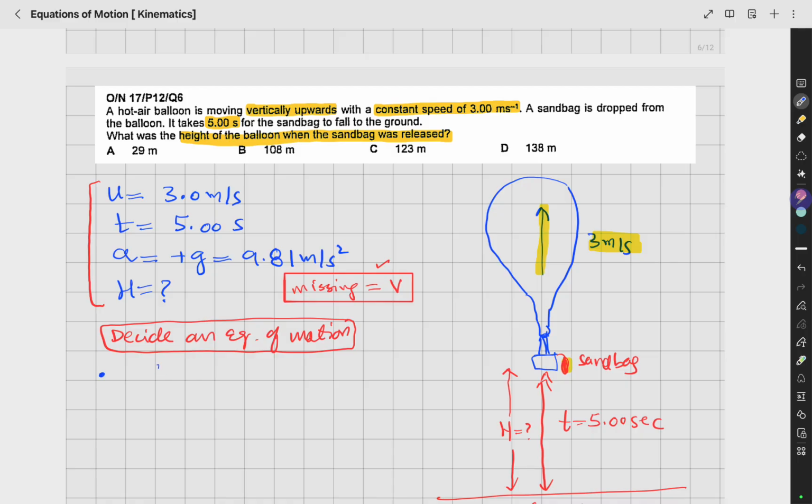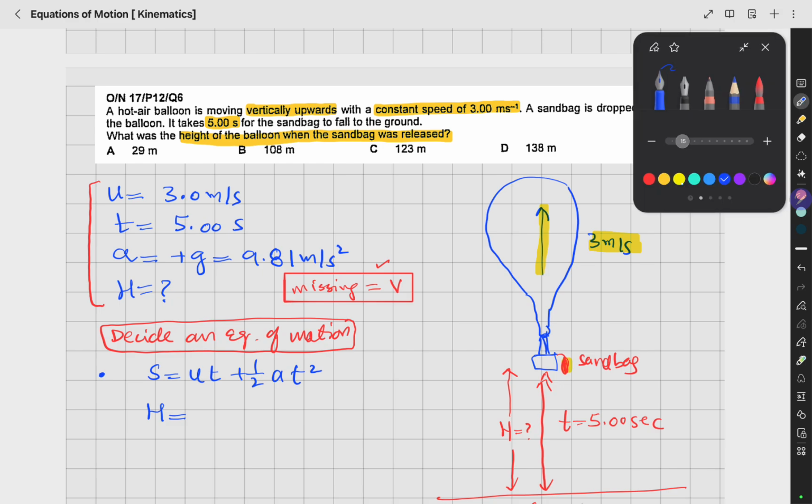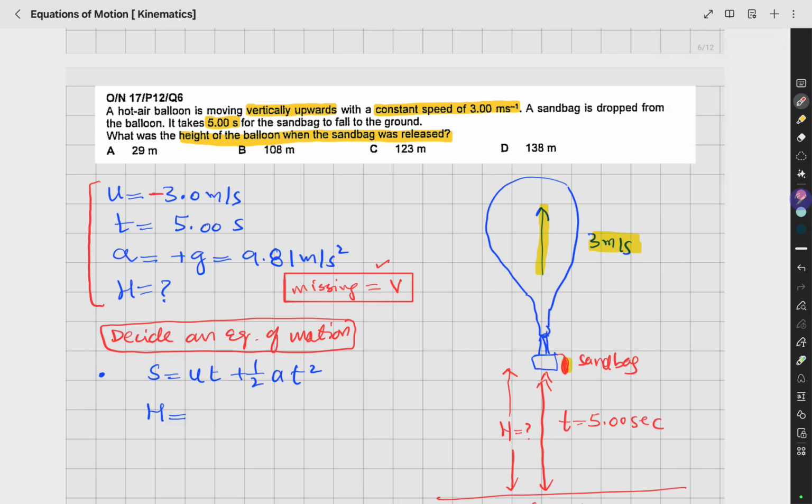You are going to use s = ut + 1/2 at squared, because it doesn't have v. So you just put in the values. H you have to find. One thing that is very important, this velocity is taken as negative. Why? Because the sandbag will have an initial velocity upward, -3. Why -3? Because the displacement is downward, it has to come down, but the velocity is upward.